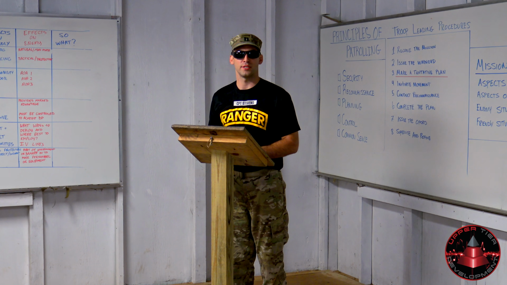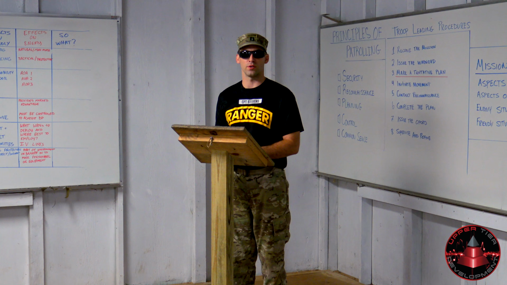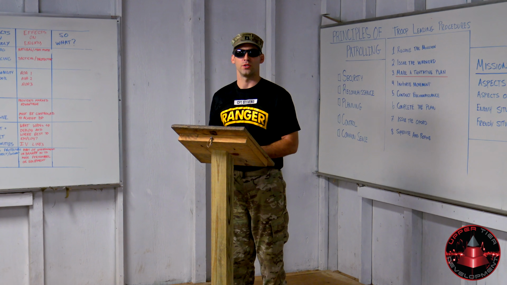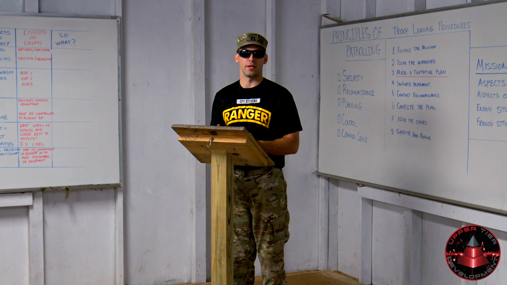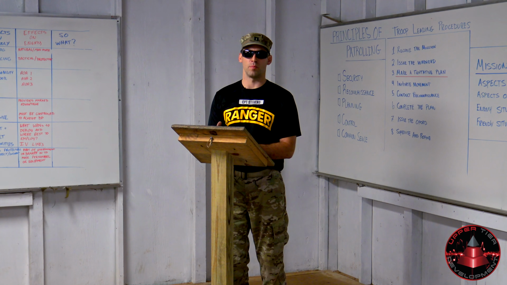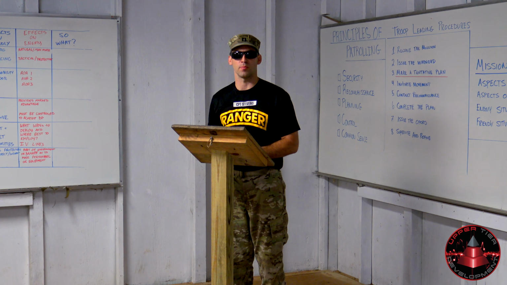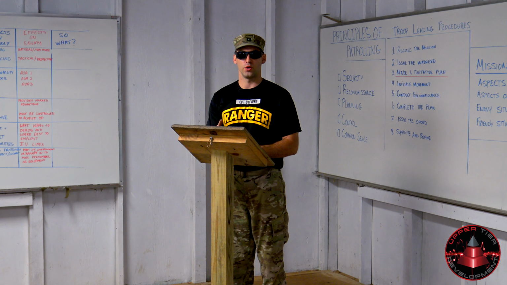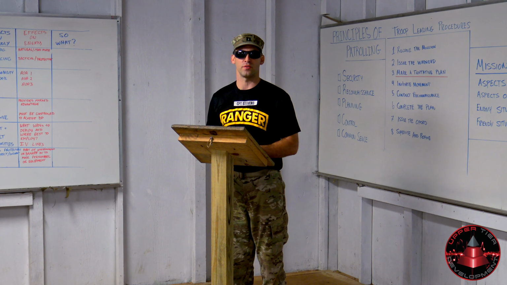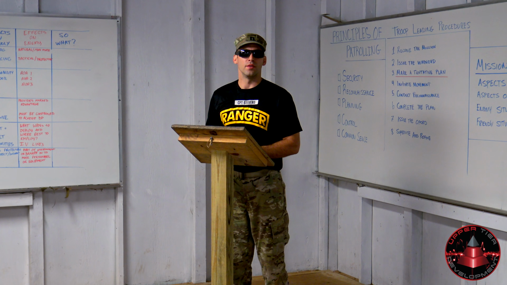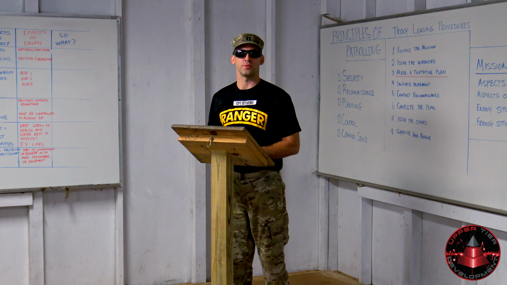Under your task org, you're going to want to cover who is going to be security, assault 1, assault 2, your supporting element, and then any other attachments and detachments that you have assigned to you. It's not necessarily saying where they're going to be or assigning task and purpose. It's just going to be a simple task org saying who is going to have what specific role in the mission.